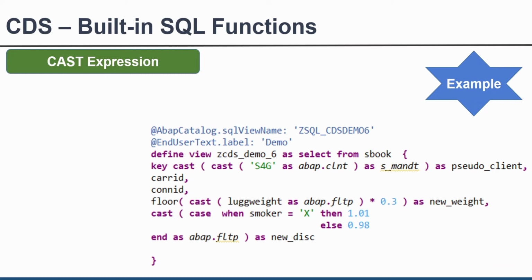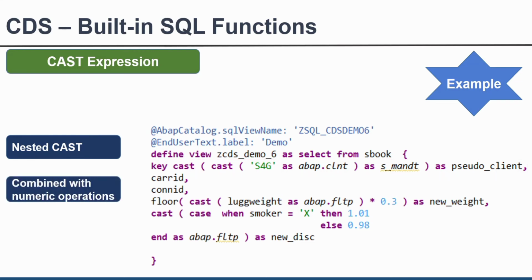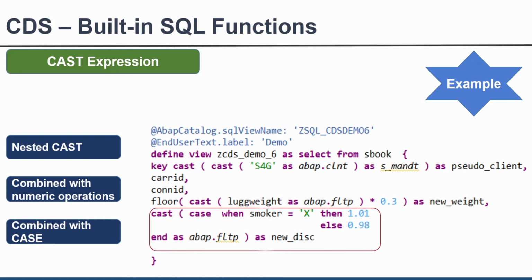Here's an example of a cast expression. Basically, in this example, we have the nested cast as well as the normal cast combined with numeric functions. And we can even combine this with a case statement.